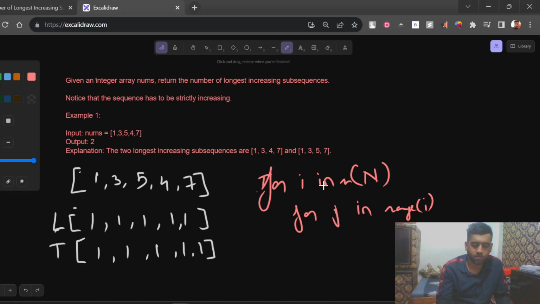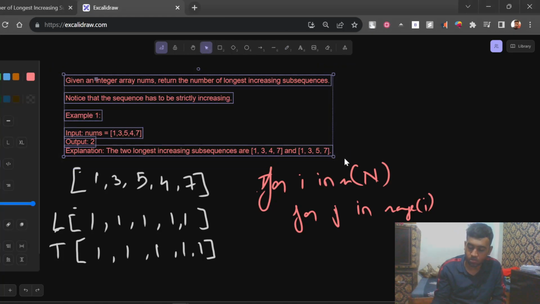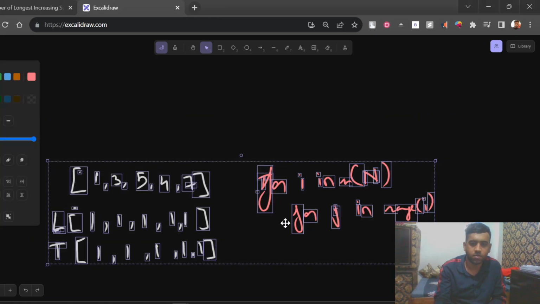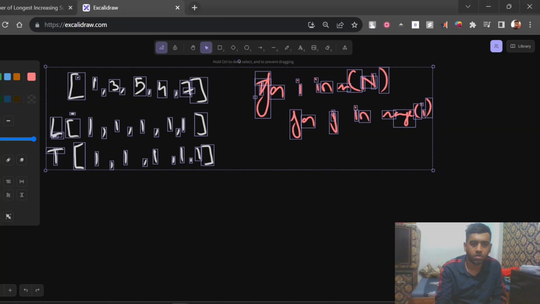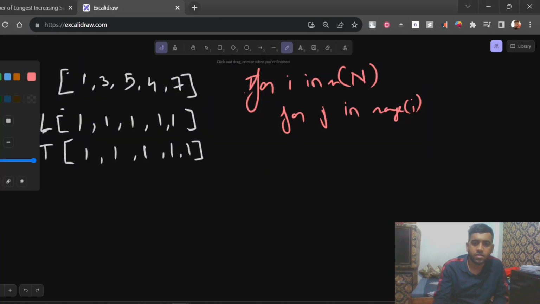What's going to happen? The first case is if num of i is greater than num of j, then what do we need to do?